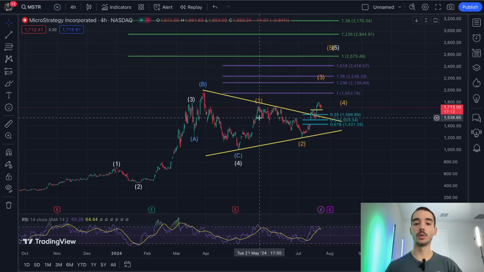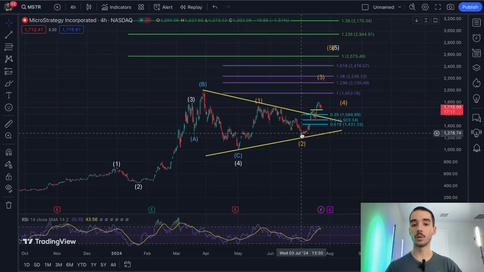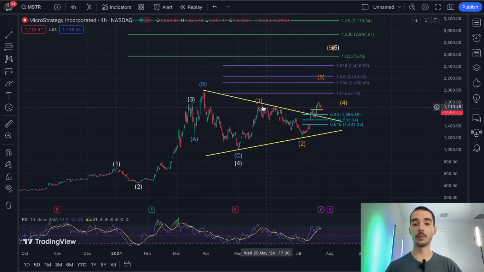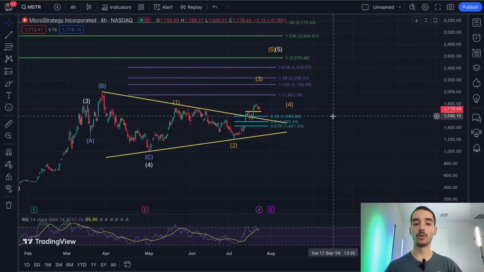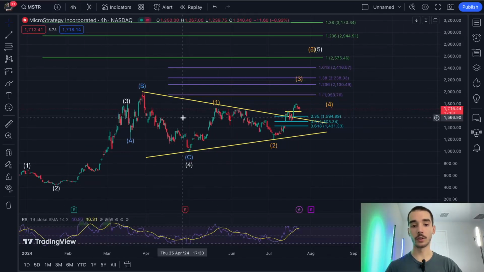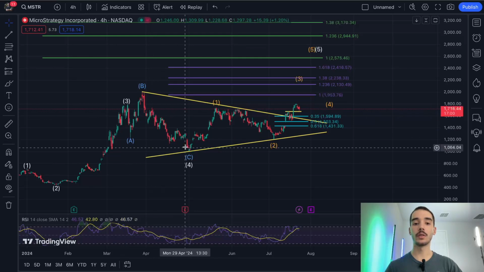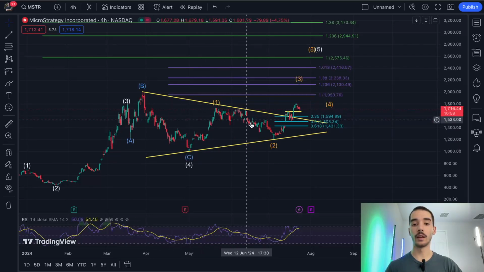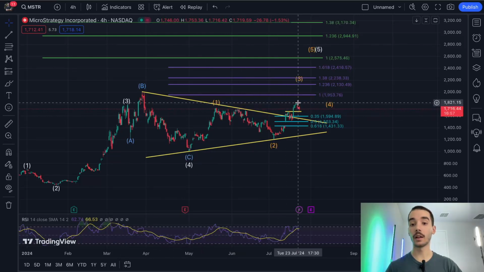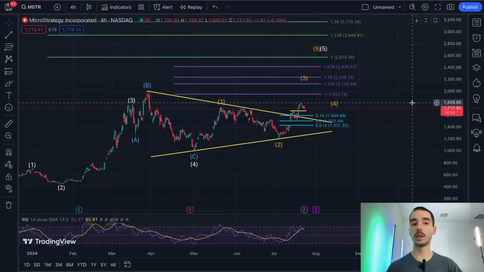And then when we fell back down, we made a higher low, and then we made a higher high from this swing high right here. So due to a surpass of the 0.5 retracement from this wave upward, then a higher low and now a higher high, to me, that's really all I need to confirm that this fourth wave is in.